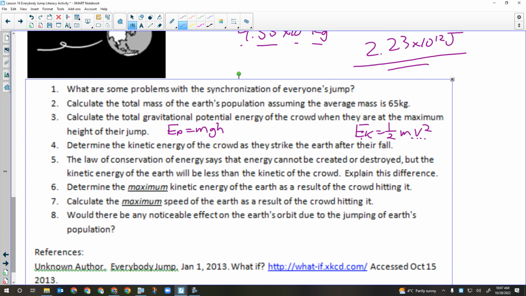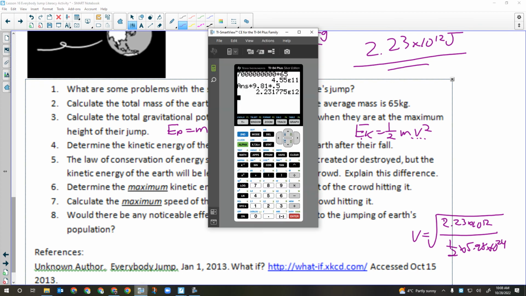If I manipulate this equation for v, it will be the square root of 2.23 times 10 to the 12 divided by 1/2 of the Earth's mass, 5.98 times 10 to the 24. So let's punch that in: that number divided by, in brackets, 0.5 times 5.98 e24, and then I'll square root that number.